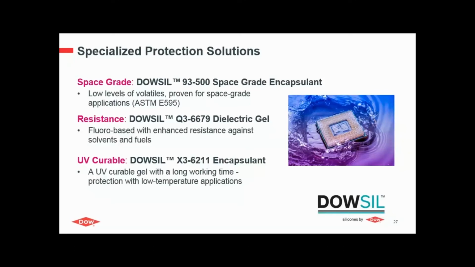There is also a UV curable portfolio, which allows you to have a long working time and cure the material by UV exposure to protect your module in low temperature applications.